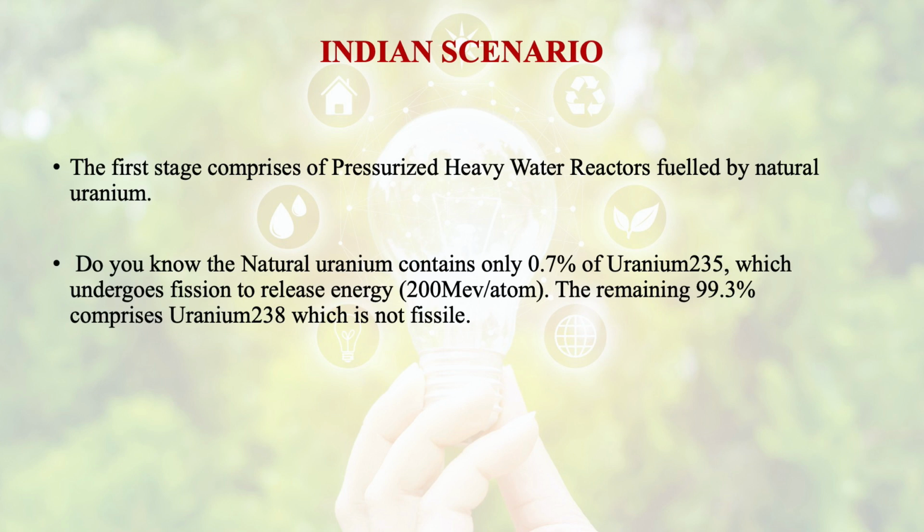Do you know the natural uranium contains only 0.7% of uranium-235, which undergoes fission to release energy of around 200 MeV per atom. The remaining 99.3% comprises uranium-238, which is not fissile.